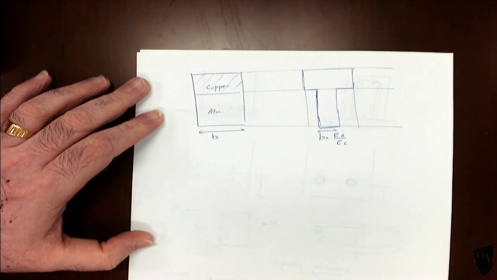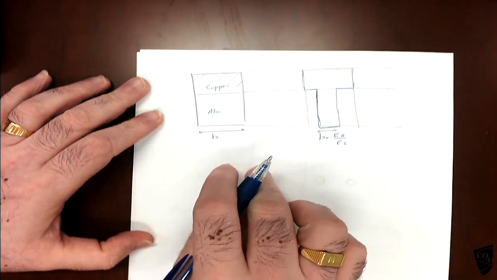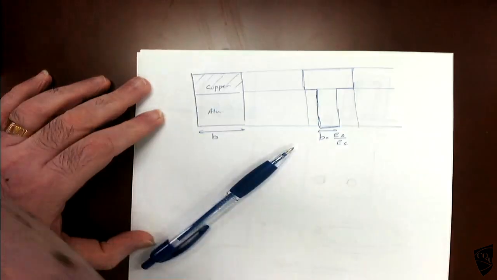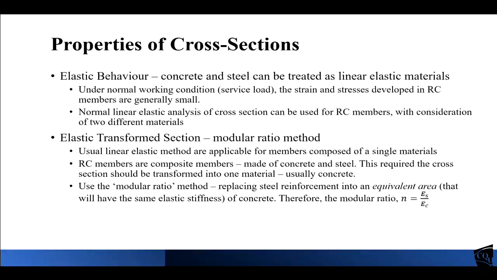This only works for elastic materials. We should be able to use the same thing because we assume that under the service load our concrete member will behave elastically. So it has elastic behavior.